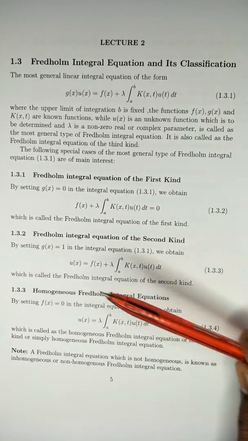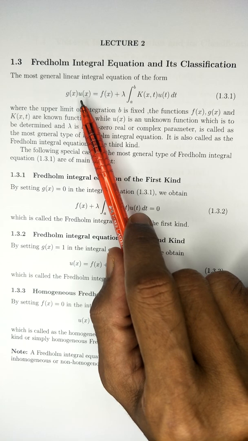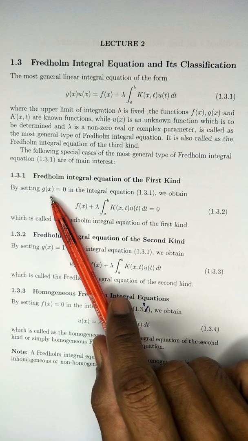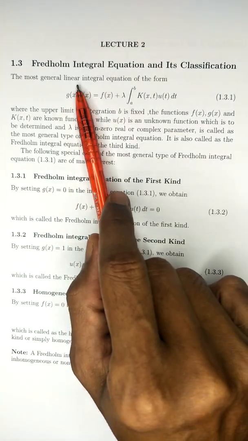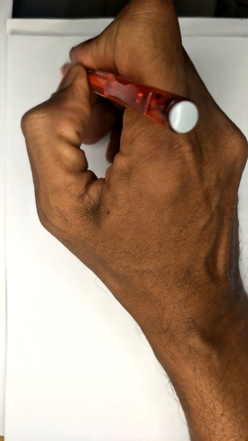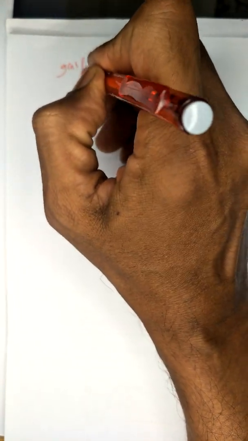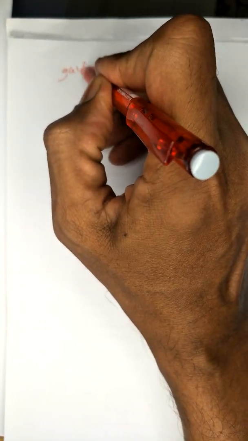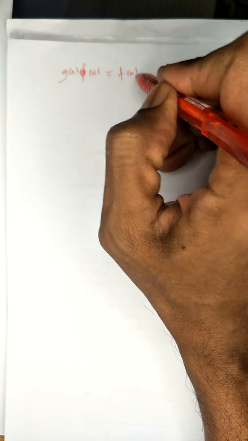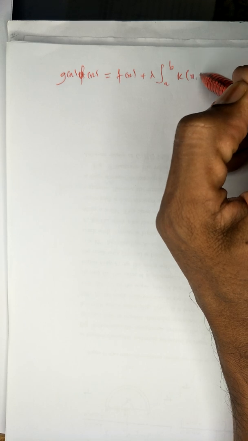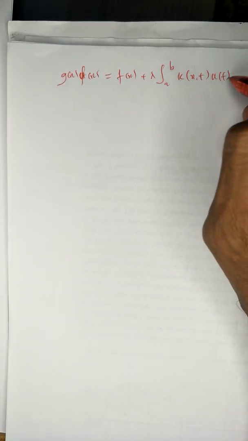Now from the general linear integral equation, if you consider g is 0, we have u(x) equal to f(x) plus lambda integral from a to b of K(x,t) u(t) dt.